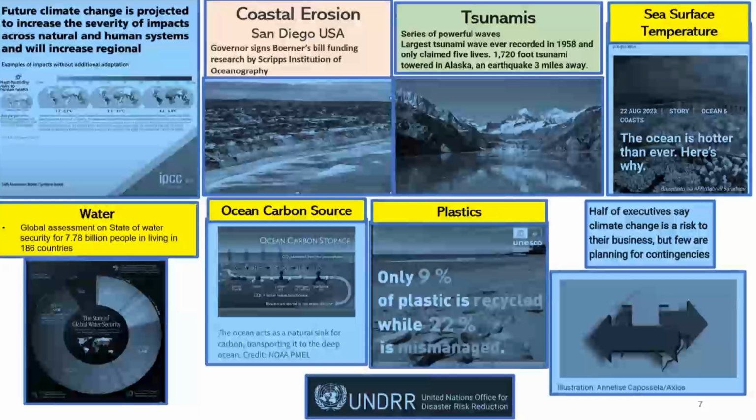The ocean is a big sink of carbon, and this carbon flow from the surface to the deep ocean is getting disturbed. Plastics, we will discuss that. A major amount of plastic coming from human activity has gone into the ocean, and that has an impact. Finally, how are industries prepared? Half of the executives say that climate change is a risk, but basically they are not at all prepared yet, and the contingency plan is not ready.